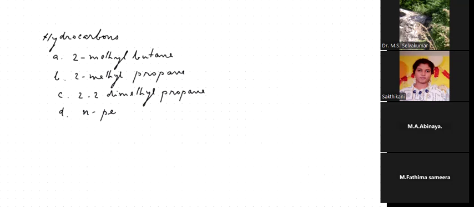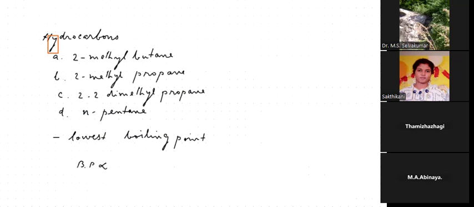4 compounds are given, and we have to identify that compound with the lowest boiling point. In the case of hydrocarbons, boiling point increases with molar mass.